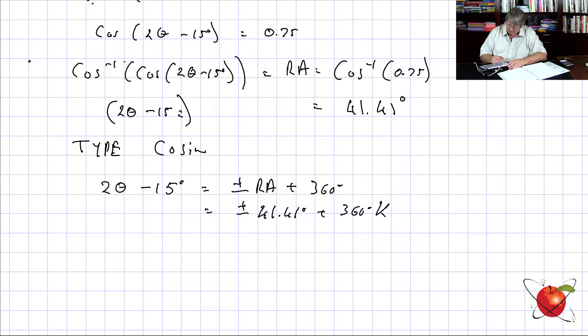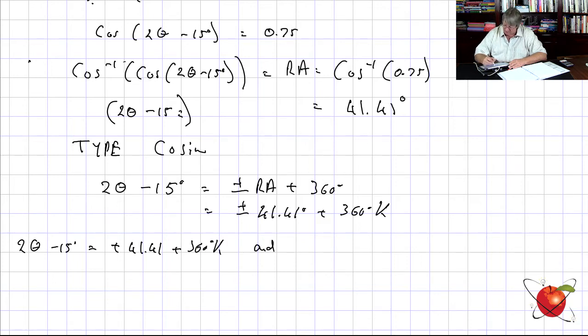Therefore, I have to split: 2θ − 15° = +41.41 + 360°K, and 2θ − 15 = −41.41 + 360°K.